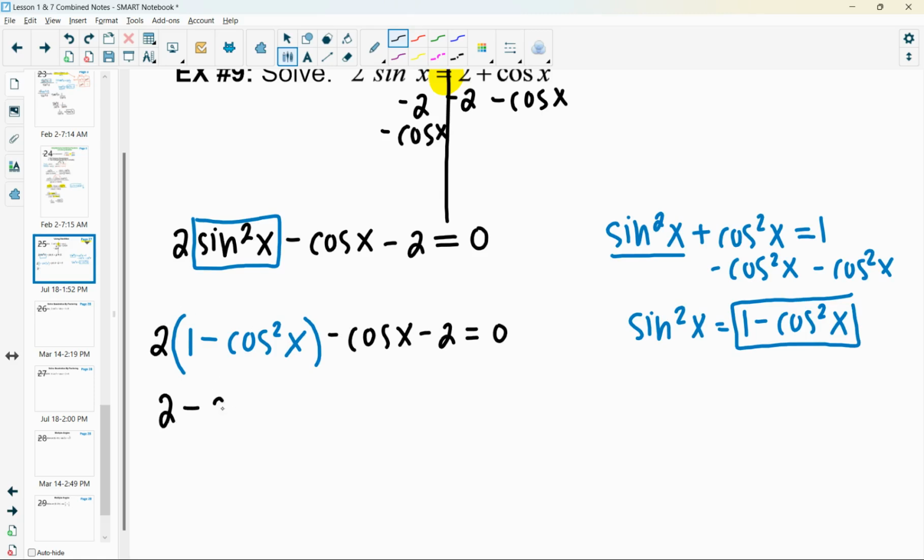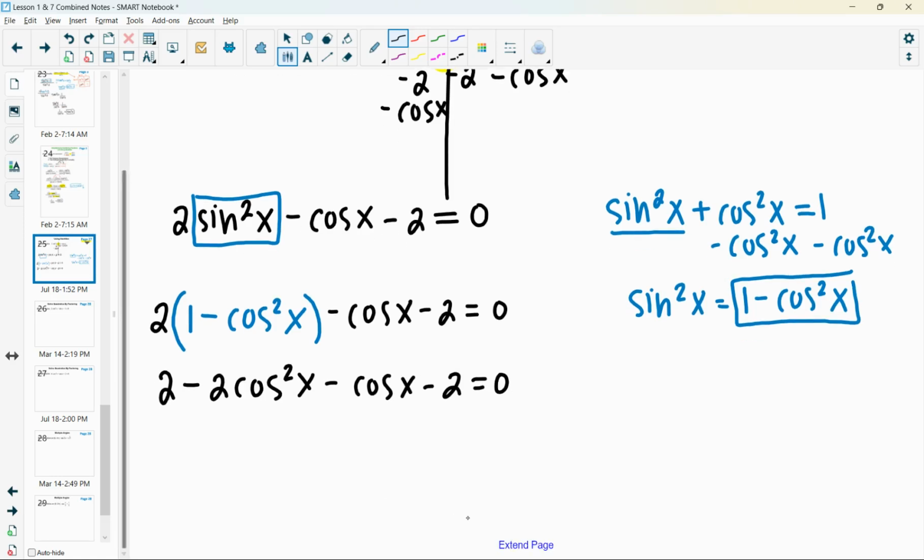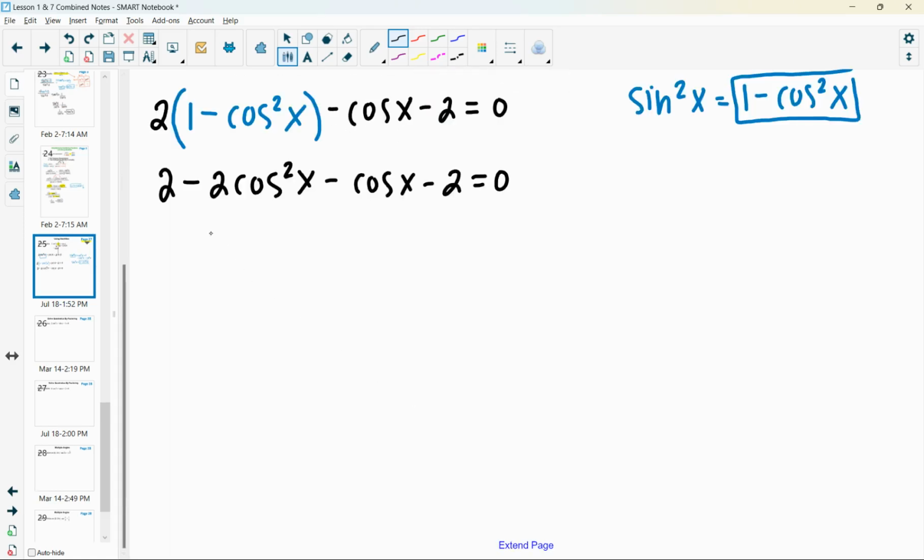So we'll have 2 minus 2 cosine squared of x minus cosine of x minus 2. And then I'm just going to combine the 2's, right? So 2 minus 2 is 0, so that's going to be gone. So we have negative 2 cosine squared of x minus cosine of x equals 0.